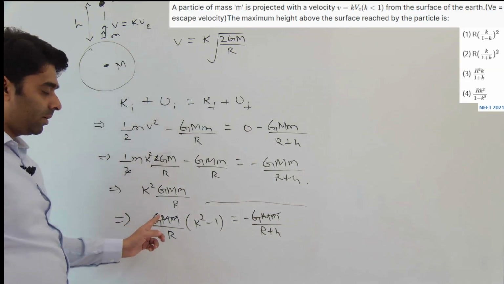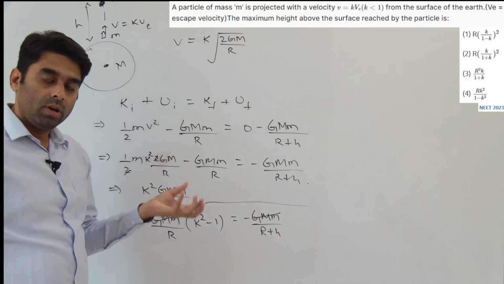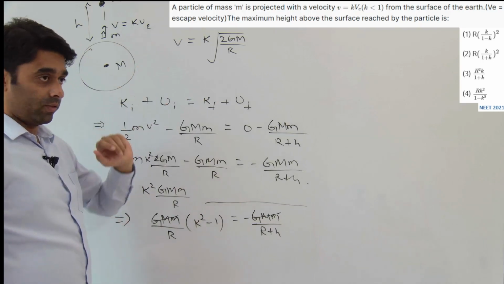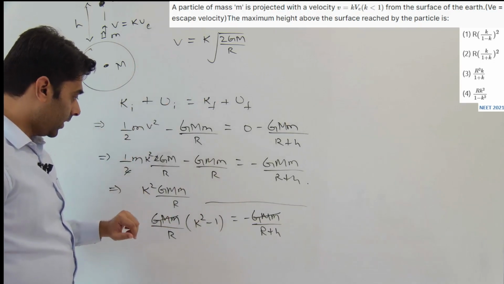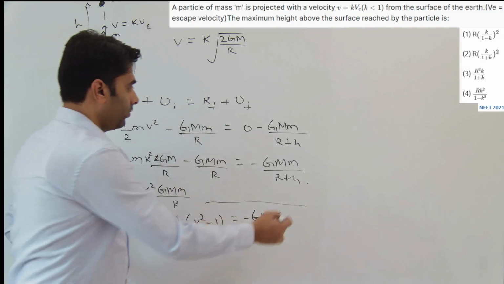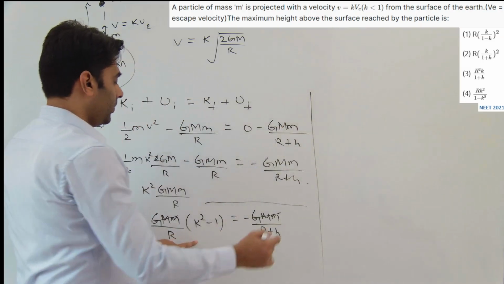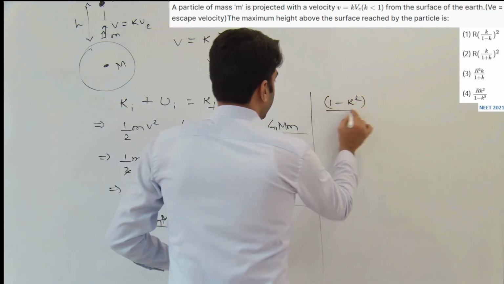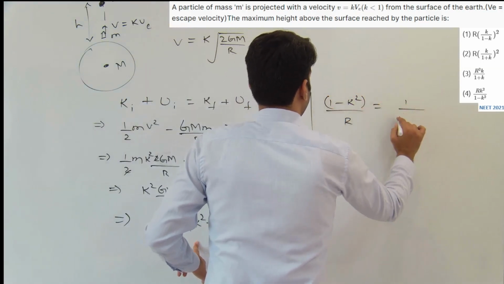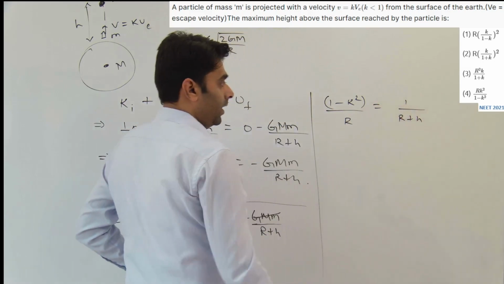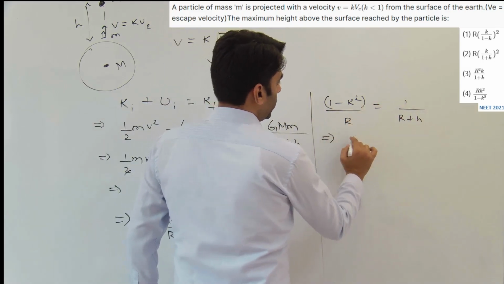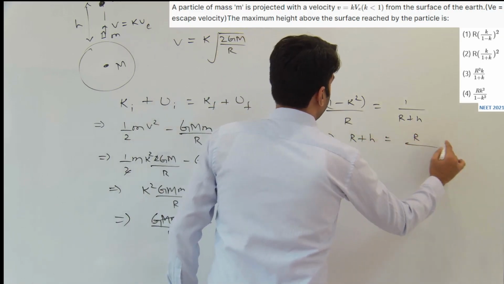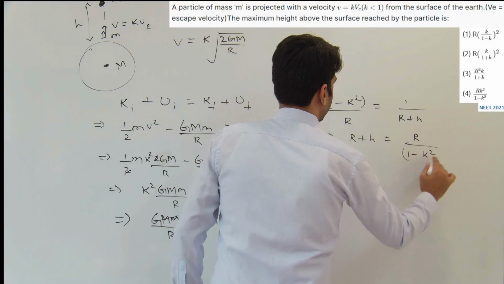Now this capital M is the mass of Earth, and small m is the mass of the particle which is being thrown or ejected. So GMm cancels out. Ultimately, taking the minus sign over here, we get 1 minus k square by R is equal to 1 by R plus h. I'll take the reciprocal, so we get R plus h is equal to R by 1 minus k square.